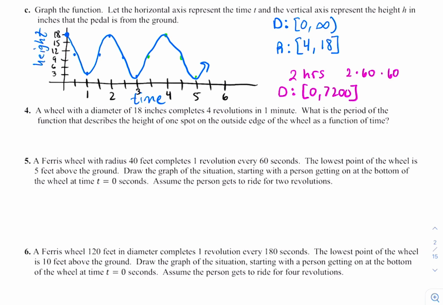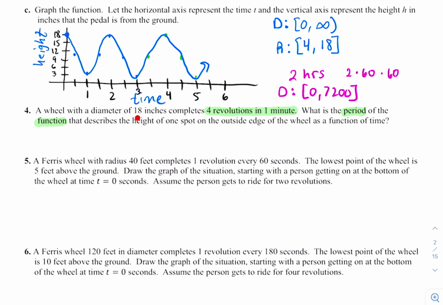So we were told that we have a diameter of 18, and then 4 revolutions happen in 1 minute, and it's asking us what the period of our function is, and then this part is describing what that function means. So it's the height of one spot on the outside edge of the wheel over time. So this last part is just extra information that we don't really need to pay attention to for what the question is asking us. Same thing with the diameter here.